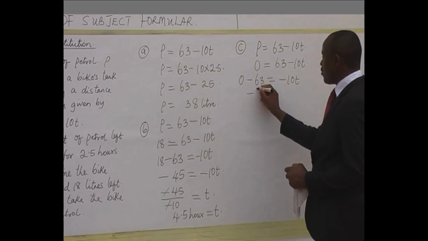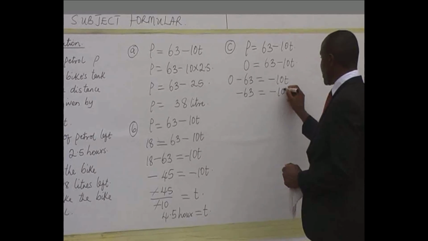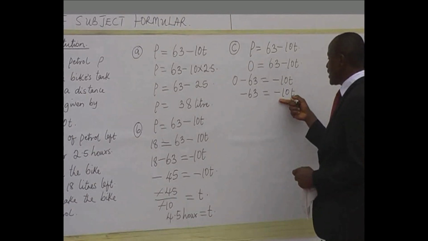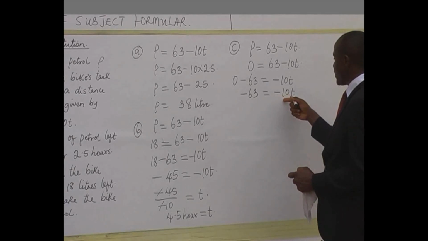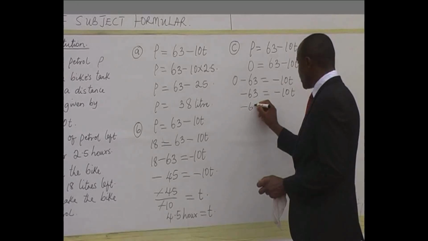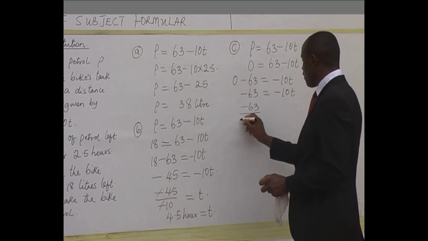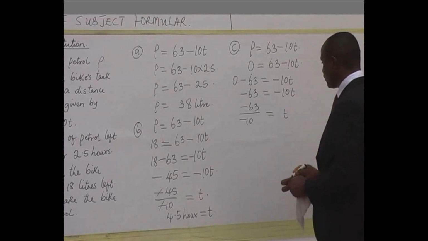On the left-hand side, you have minus 63 is equal to minus 10t. Divide both sides by minus 10 so as to eliminate minus 10 from the right-hand side of the equation. So we'll be left with minus 63 over minus 10 is equal to t.